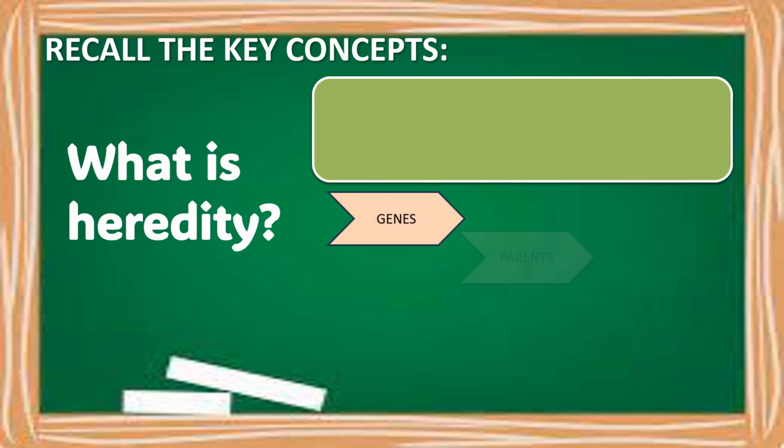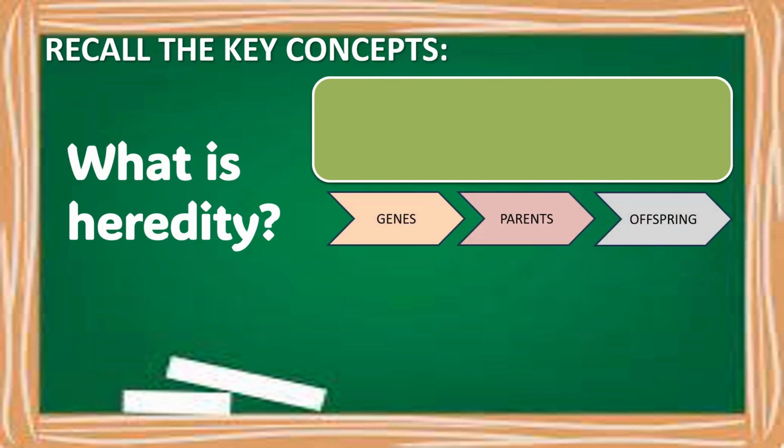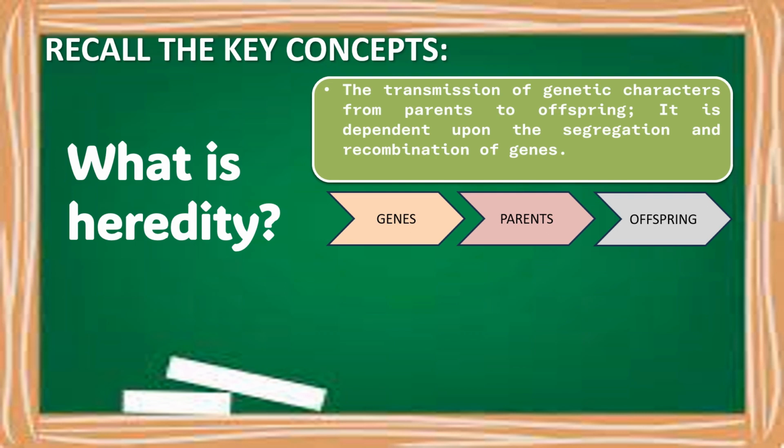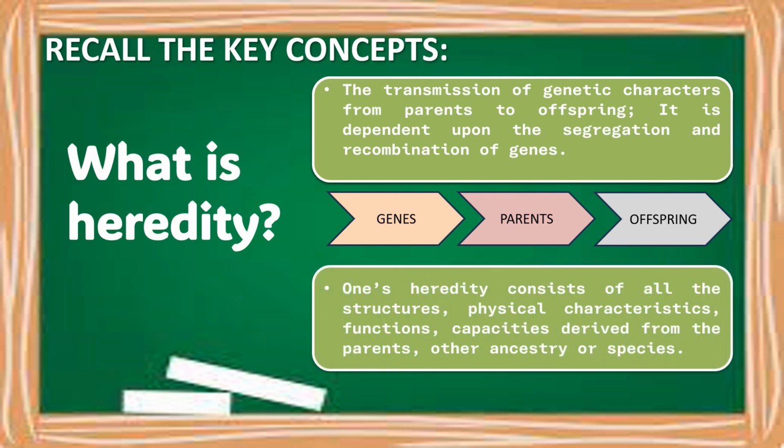It starts from the genes, parents, then to the offspring. It is the transmission of genetic characters from parents to offspring. It is dependent upon the segregation and recombination of genes. It also means that one's heredity consists of all the structures, physical characteristics, functions, and capacities derived from the parents, other ancestry, or species.